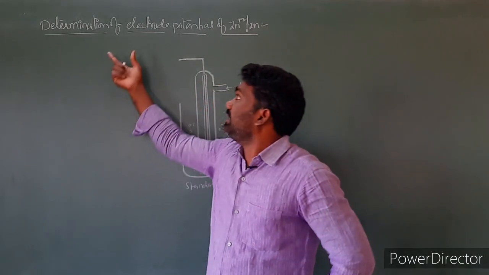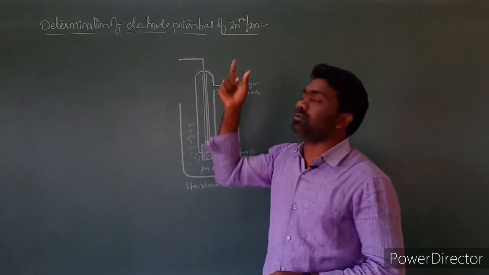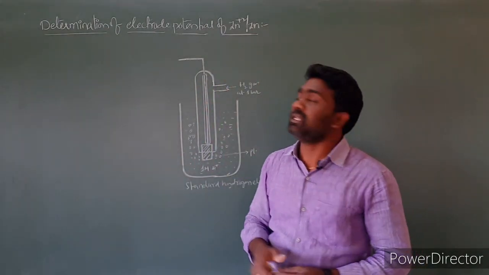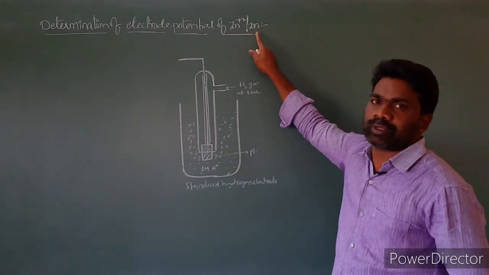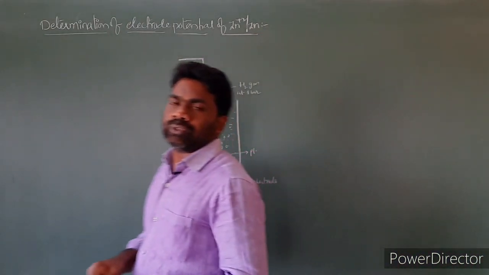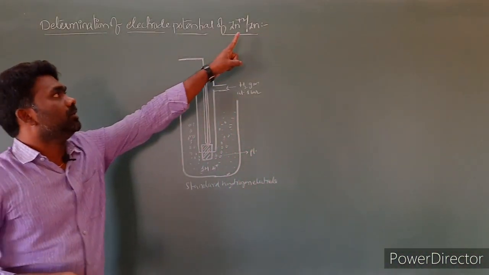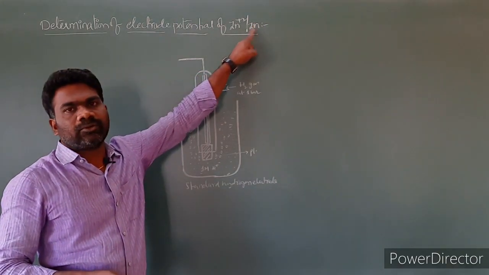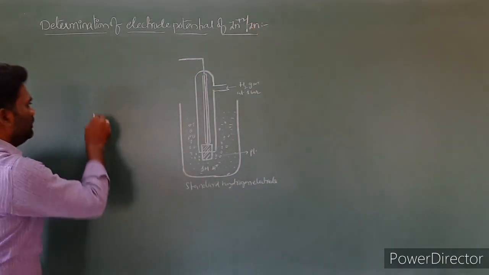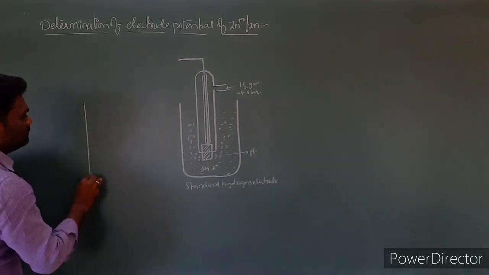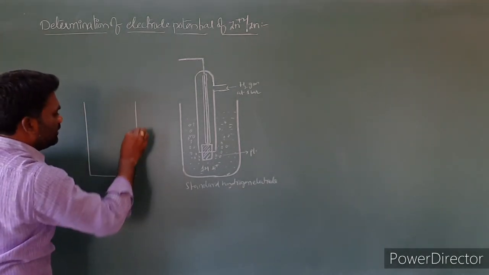Next topic, determination of the electrode potential of Zn2+/Zn. Simply, determination of the electrode potential of zinc. To determine the electrode potential of zinc, we have to dip a zinc electrode in zinc sulfate solution. I am taking one half cell.